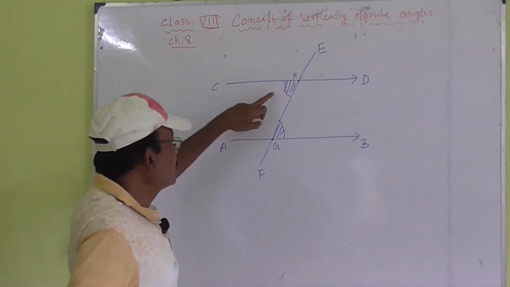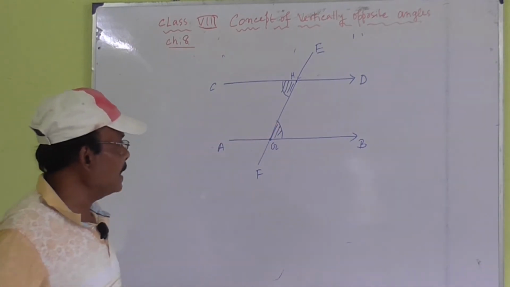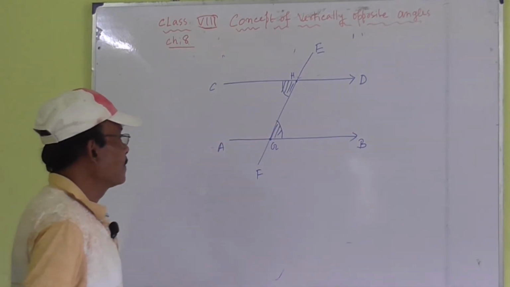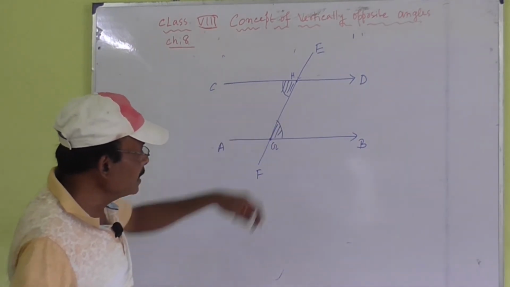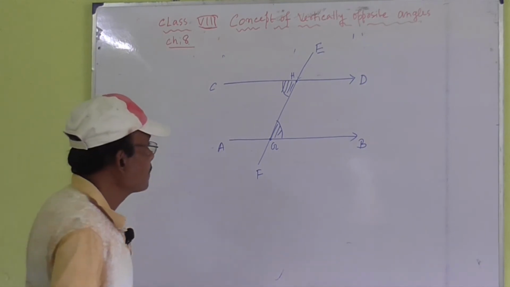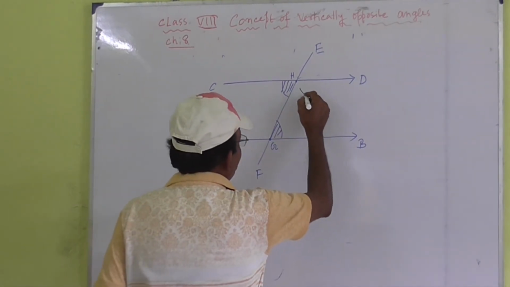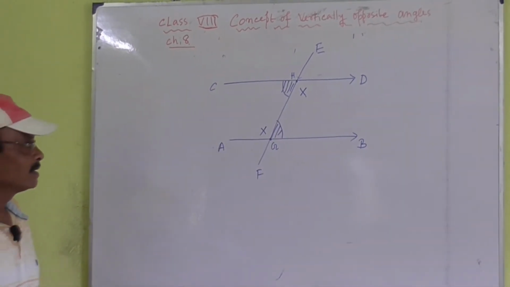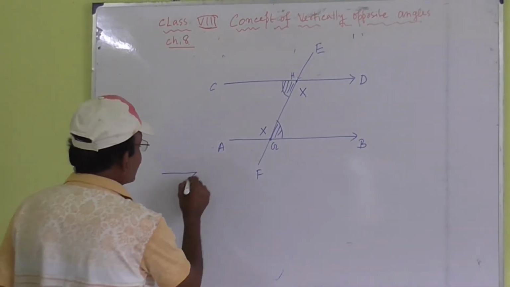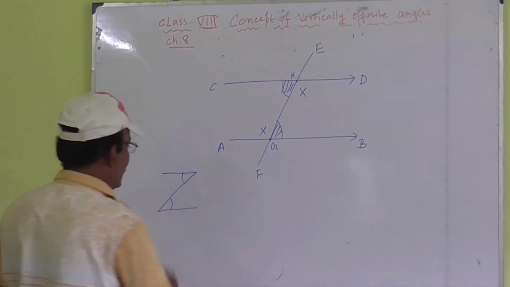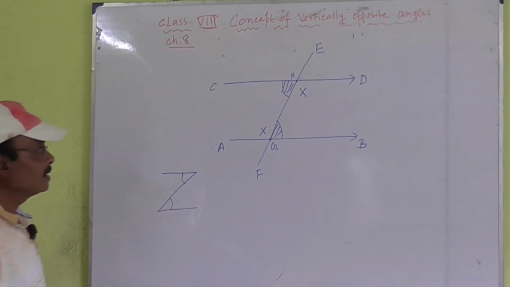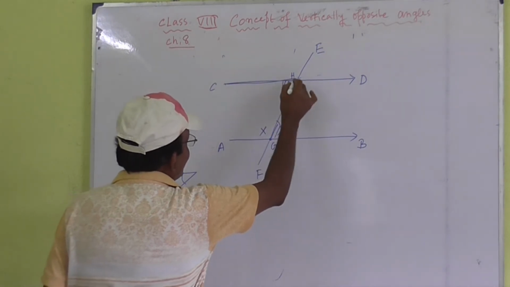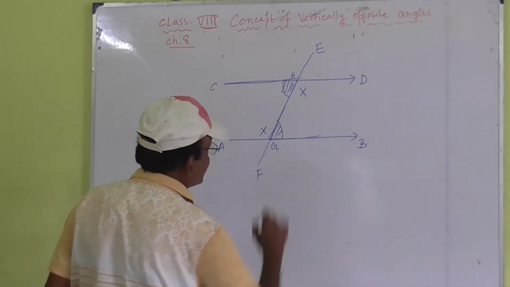Now, I will tell you this angle and this angle are alternate angles. This angle and this angle are alternate angles. That means alternate angles are the Z type angle. Here the angle formed, this is Z type.